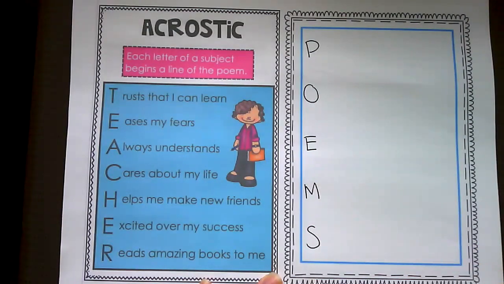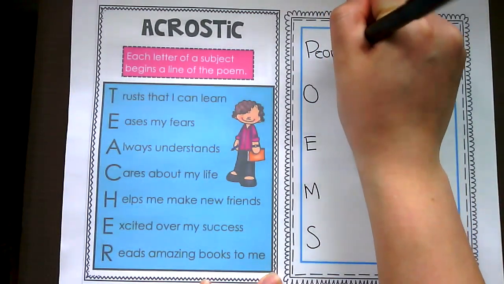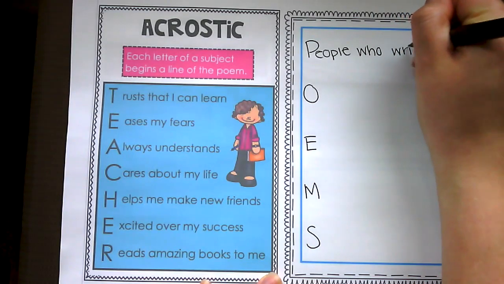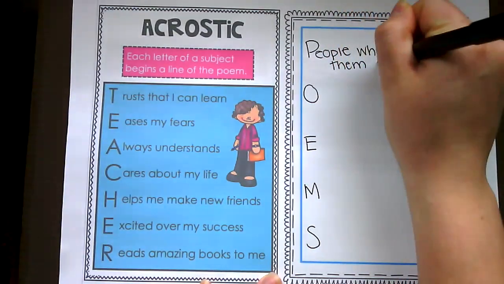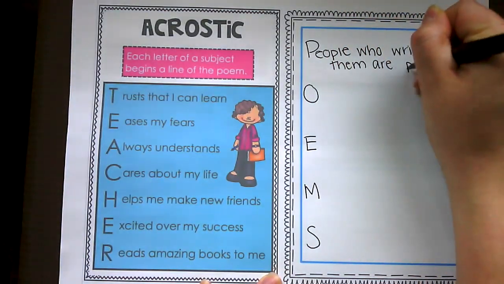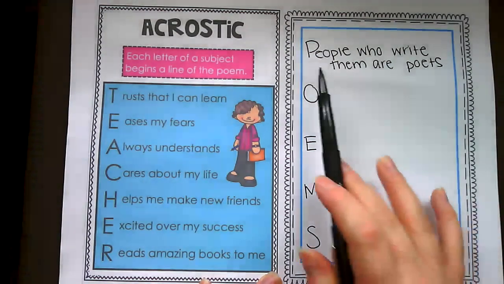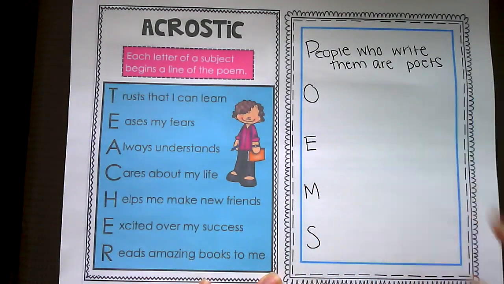I'm going to say people who write them are poets. Ideally, you would want your entire line to fit on one line, but I'm trying to write big enough so that you can read it at home while you watch this video.